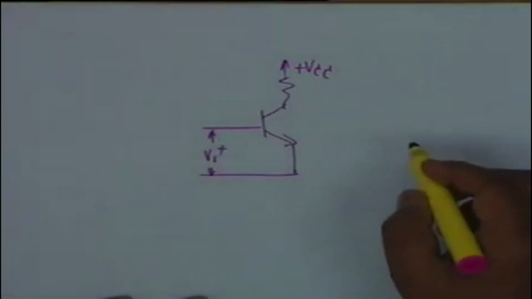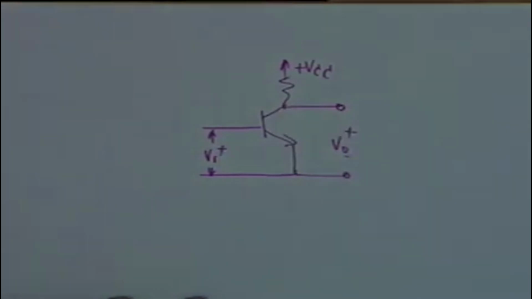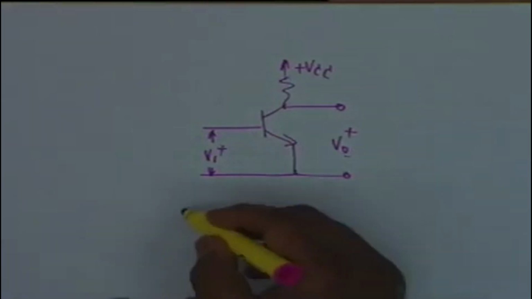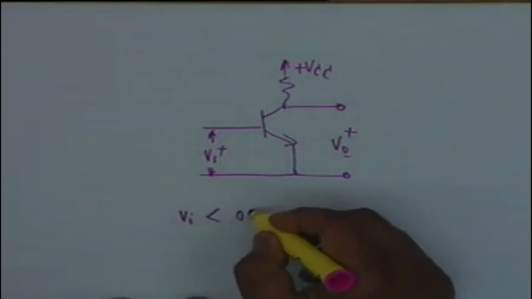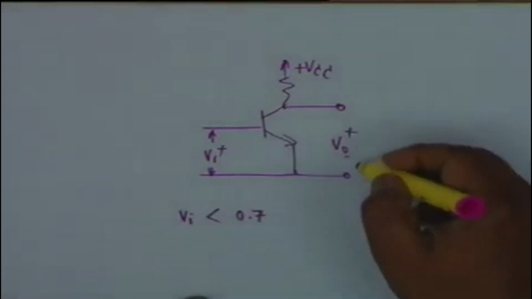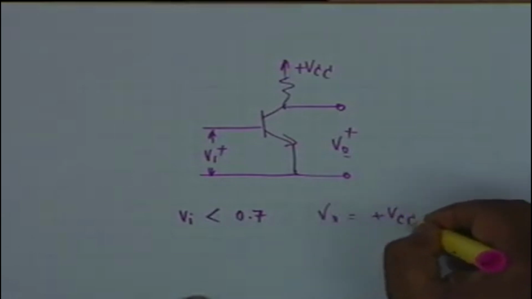If input is, and the output is taken from here to here, if input is negative or less than 0.7, less than the threshold of the base emitter junction, if Vi is less than 0.7, then the transistor does not conduct, right. If it does not conduct, then what is V0? V0 becomes equal to plus VCC.